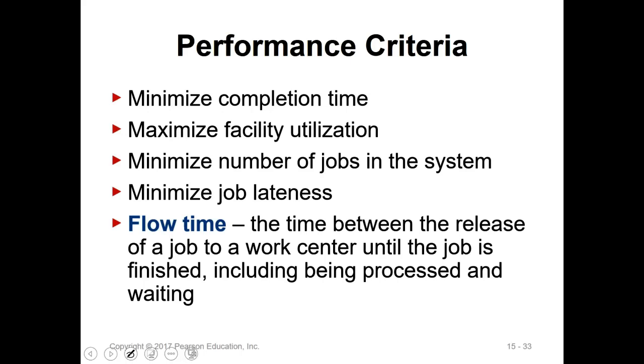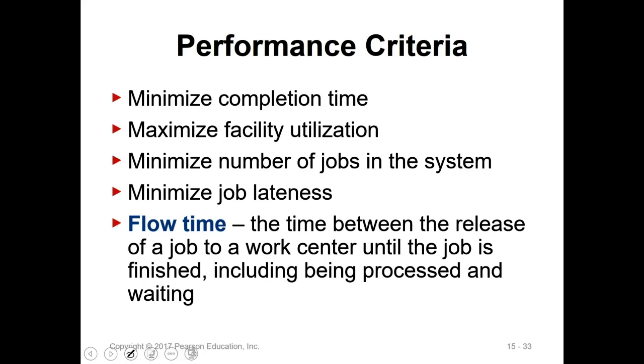Another judgment performance criterion is minimizing the job lateness. We want to compare the completion time with the required due time to see what the lateness is. Okay, and in this example, we are going to bring one more concept over here. It is the flow time.